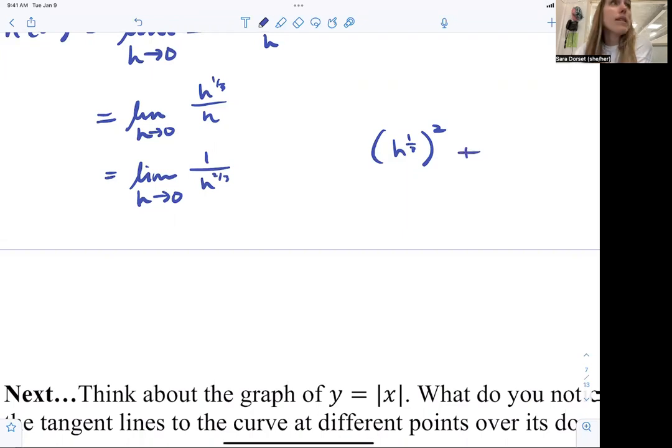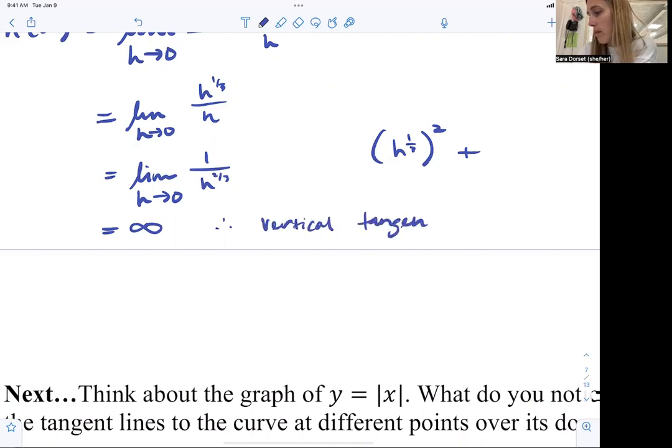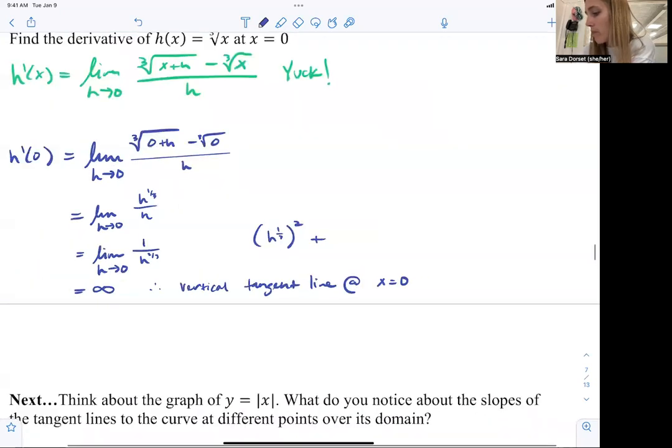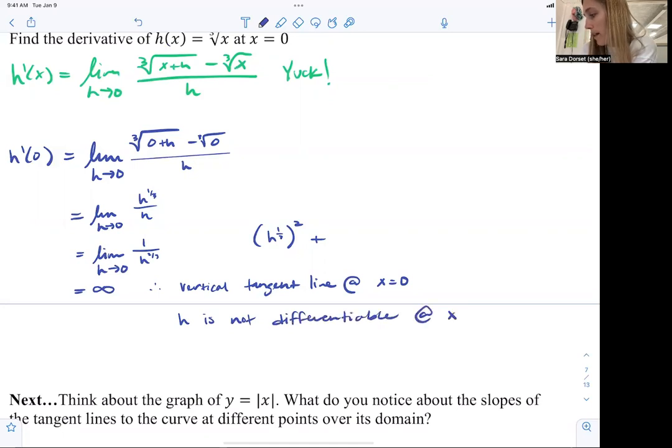So from both sides, you would get positive values, meaning that this limit would be equal to positive infinity. And therefore, there is a vertical tangent line at x equals 0. And you can also say that h is not differentiable at x equals 0.